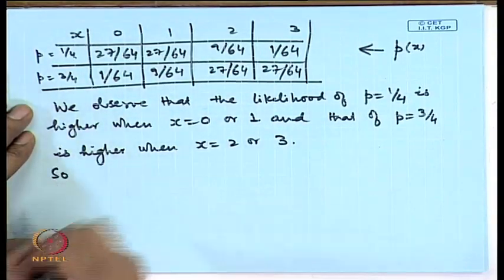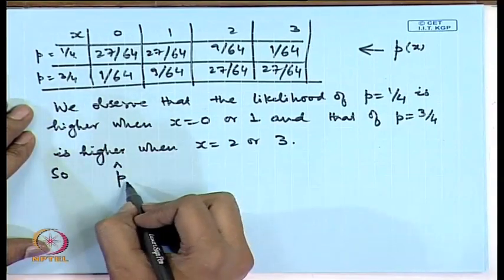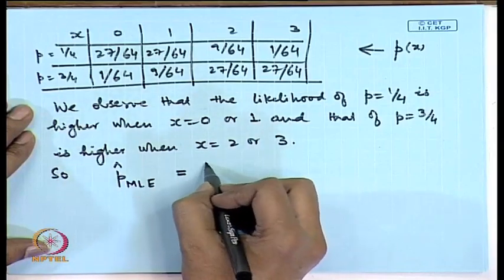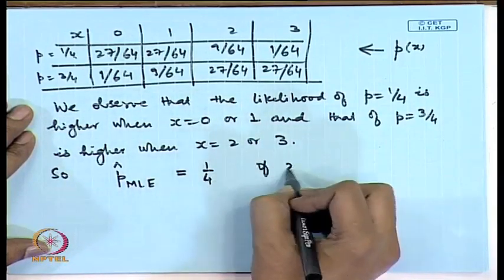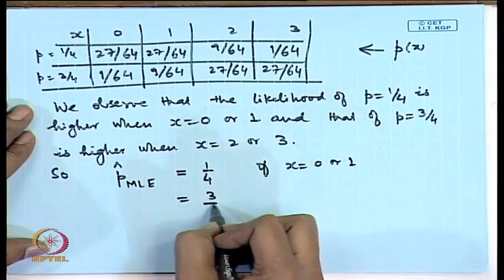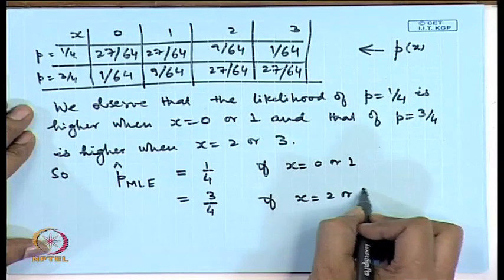So, the maximum likelihood estimator for p can be written as 1 by 4 if x is equal to 0 or 1, and it is equal to 3 by 4 if x is equal to 2 or 3.